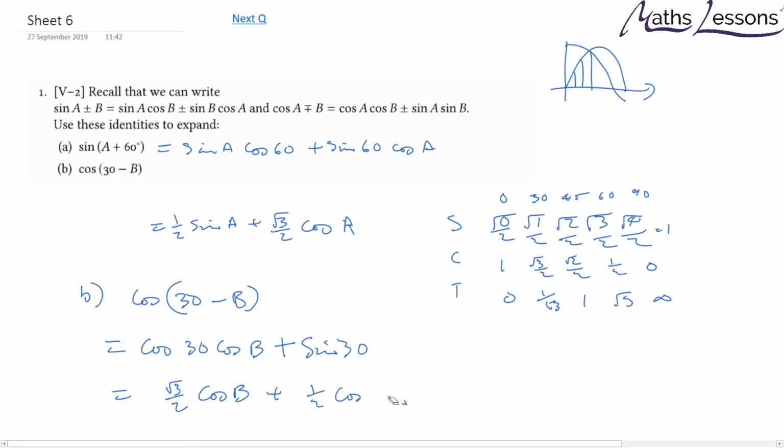That should be a sine, so that should be sine B just there. Apologies for that little mistake.